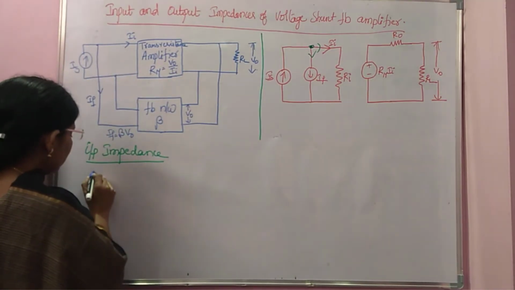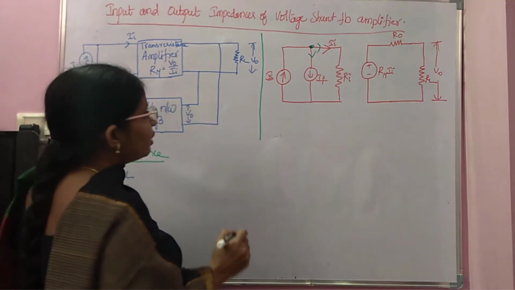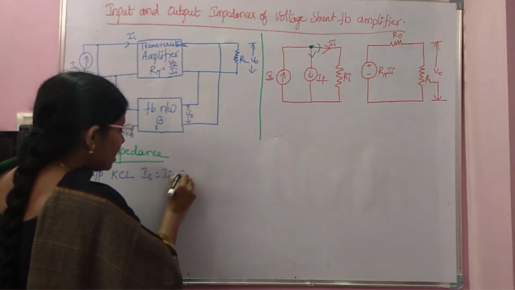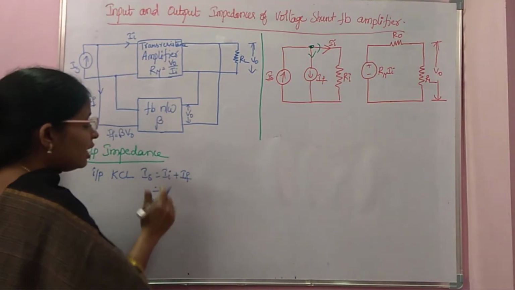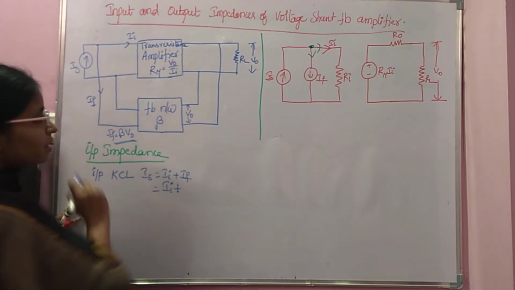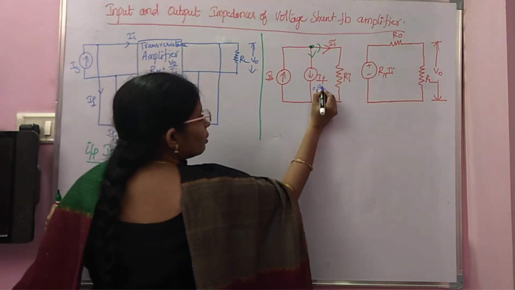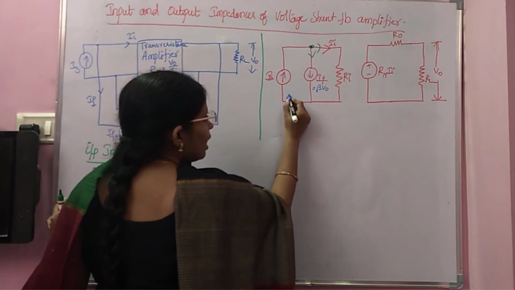The input KCL is IS equal to II plus IF. What is this IF? I've already written that IF is equal to beta V0. And I'll mention RIF also.